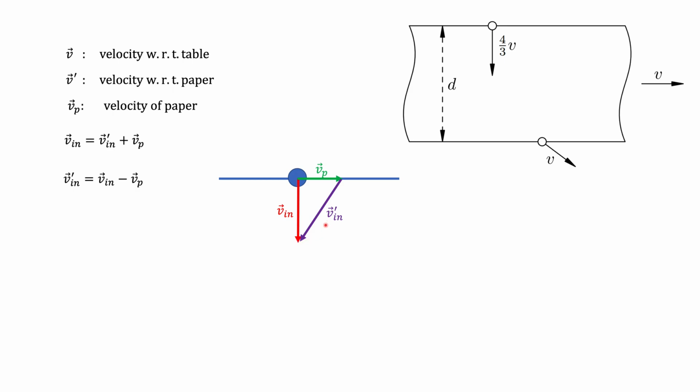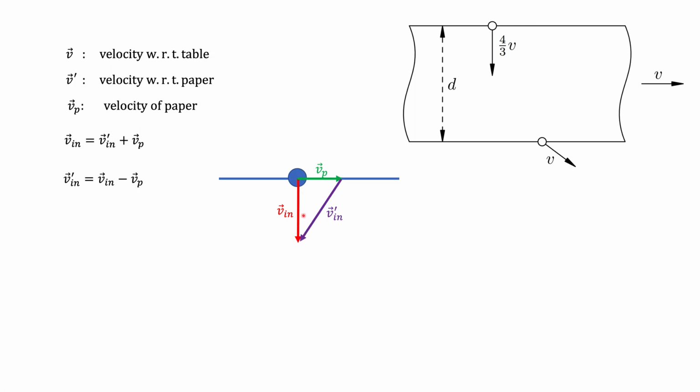Now, to figure out what this velocity is, we need to figure out two things. First is the magnitude of this velocity, and second is the angle of that velocity with respect to the top edge of the paper. First of all, let's think about the magnitude of this vector. What we have here, as you can see, is a right triangle.